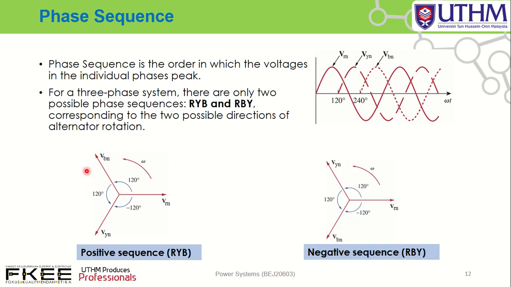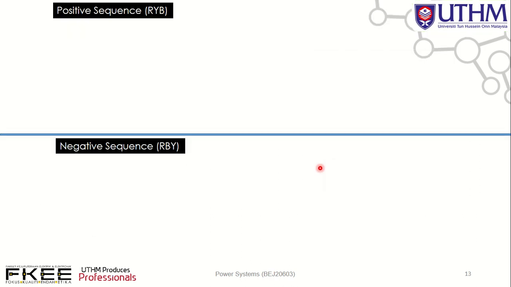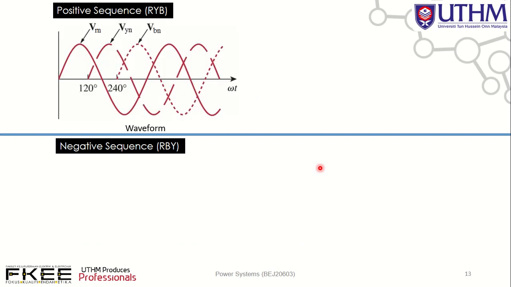For the negative sequence, VRN as a reference, followed by VBN, then followed by VYN. We call it negative sequence, RBY. This is the detailed explanation of positive sequence RYB and negative sequence RBY.